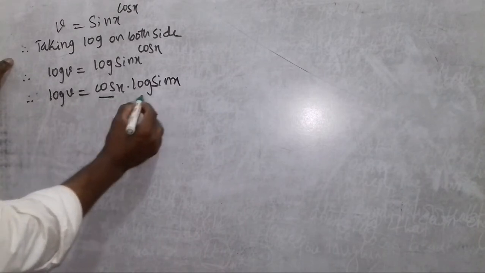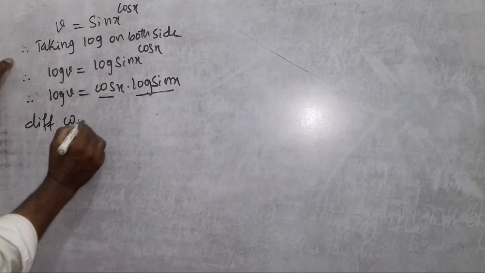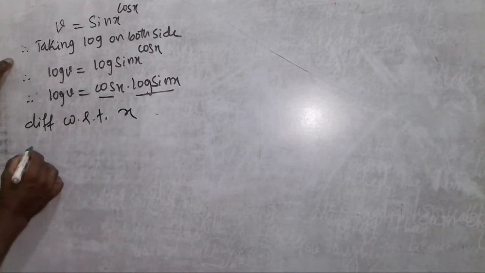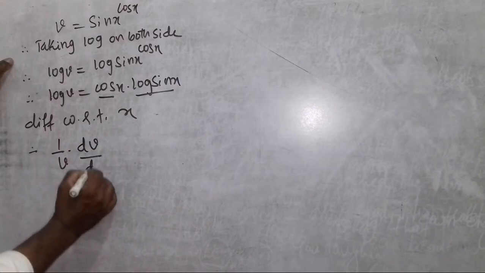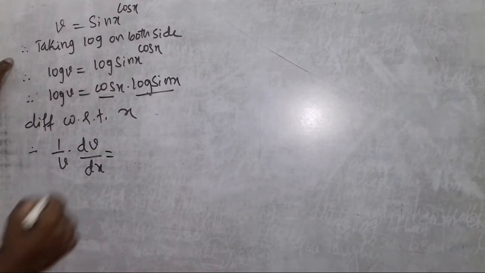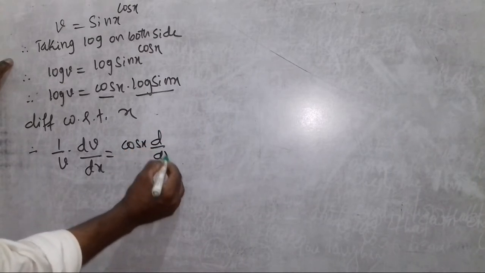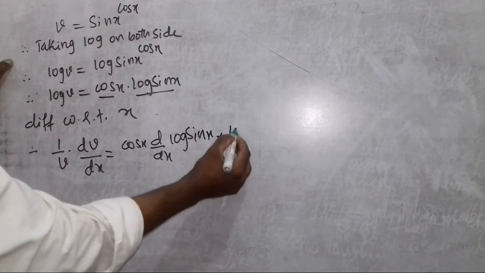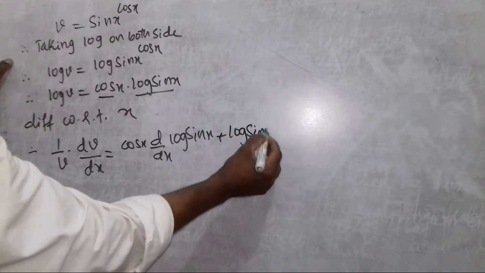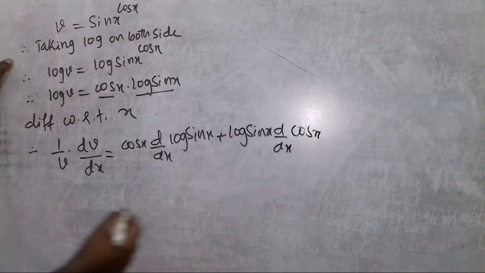So here product of two terms. Now differentiate with respect to x. Therefore 1 by v dv by dx equal to cos x d by dx of log sin x plus log sin x d by dx of cos x.